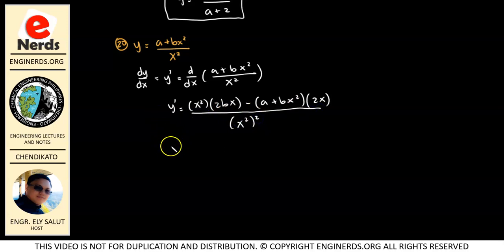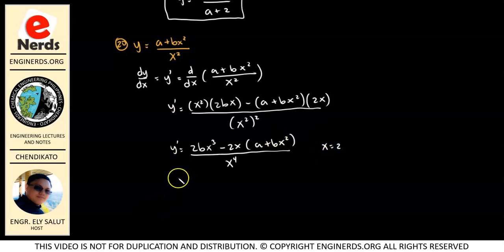So we'll have here y prime is equal to 2bx cubed minus 2x times a plus bx squared over x to the fourth. Our x is equal to 2, so let us calculate that.